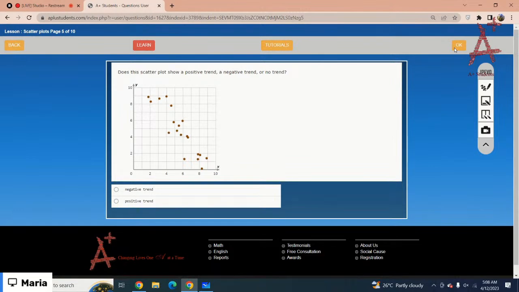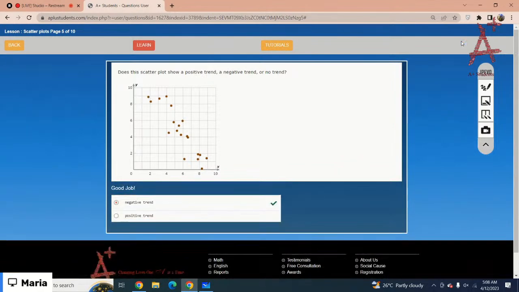Does the scatter plot show a positive trend, negative trend, or no trend? The graph shows a negative trend. See, when x is 2, y is 9. When x is 9, y is 2. So it is a negative trend. Got it? When x is increasing, the y is decreasing. That would be the negative trend.